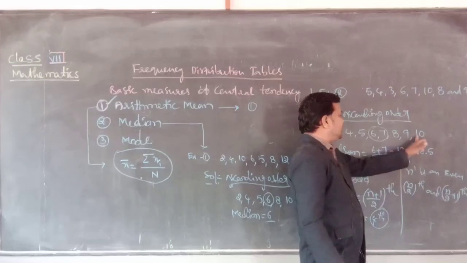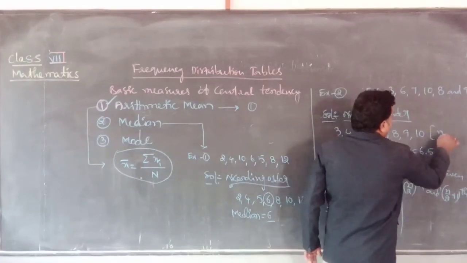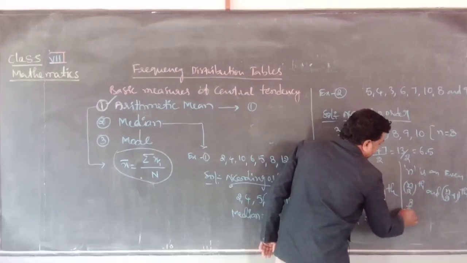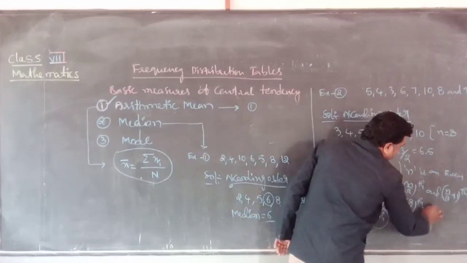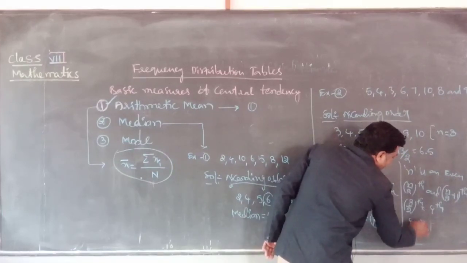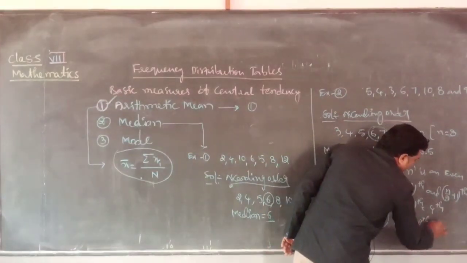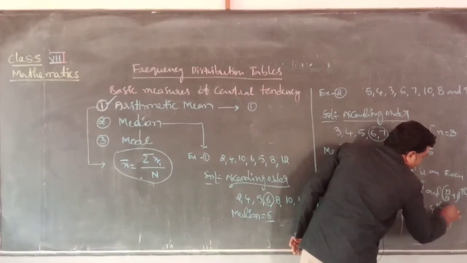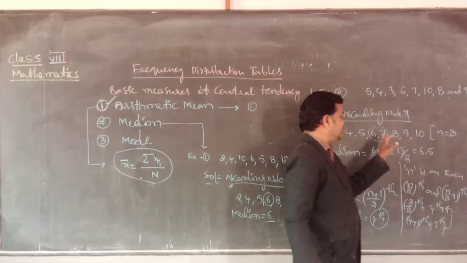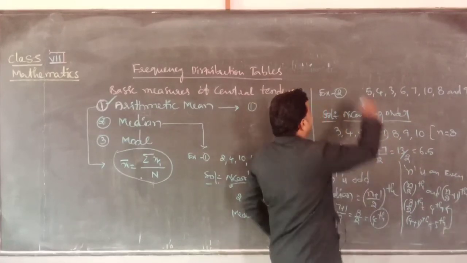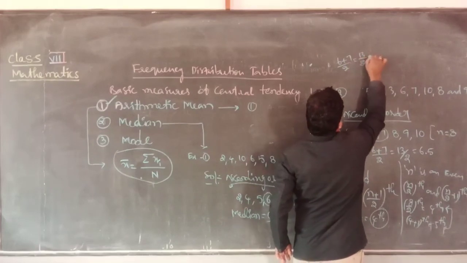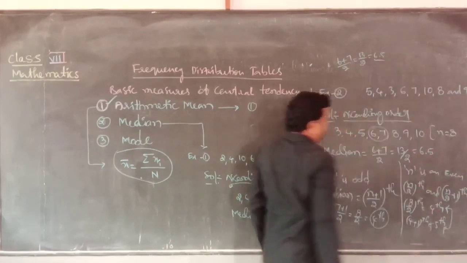Now I am taking this one, here n is equal to 8. n/2 means 8/2, the 4th observation, and the (4 + 1)th, the 5th observation. So the average of the 4th and 5th from this data, that is 6 and 7. (6 + 7)/2 = 13/2 = 6.5.